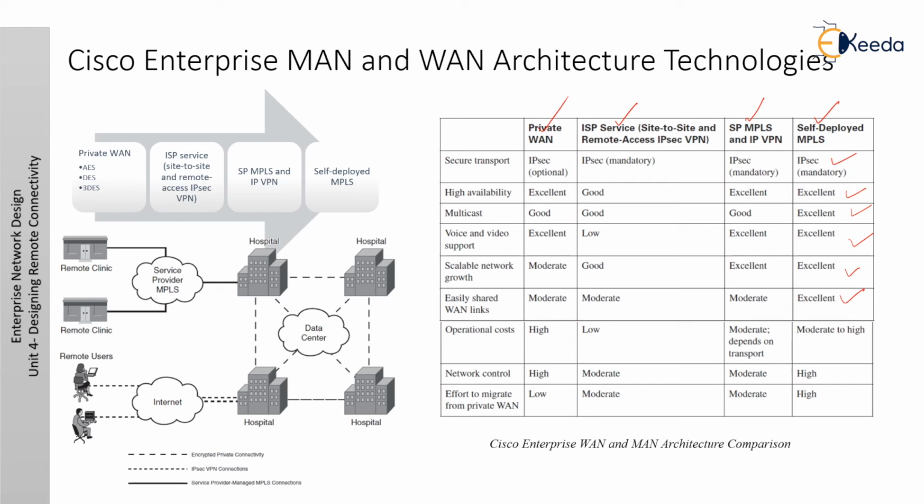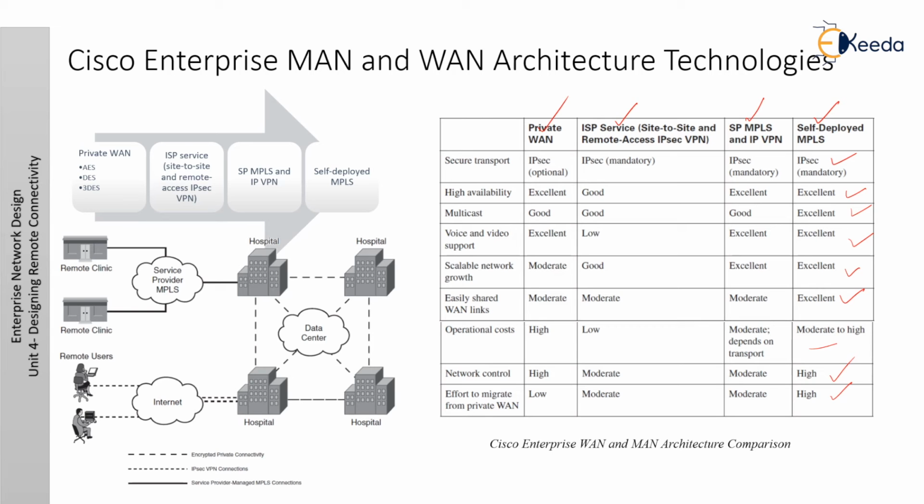Operational cost is moderate to high, which means it depends, not as high as we thought. Network control is also high, and effort to migrate from private WAN is also high.